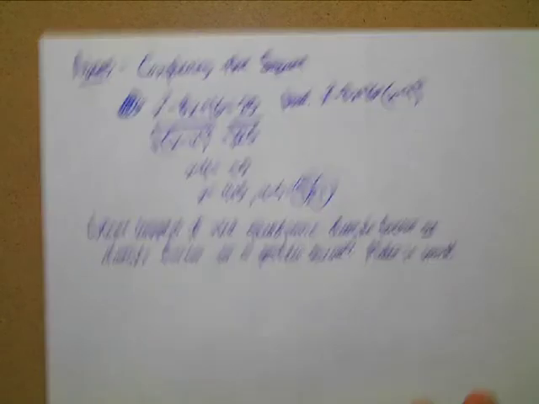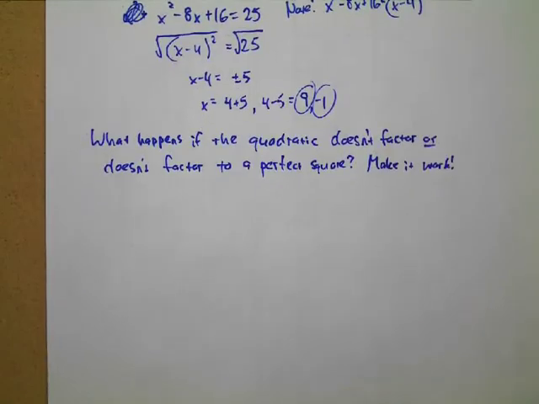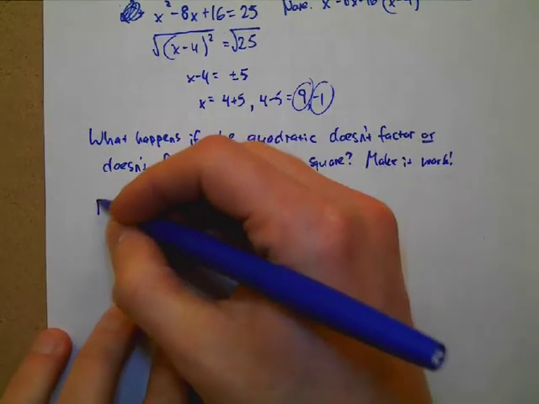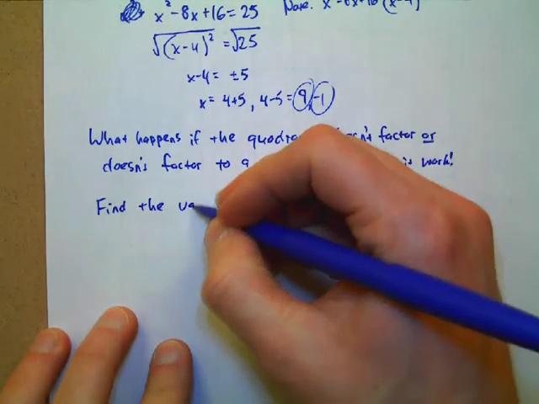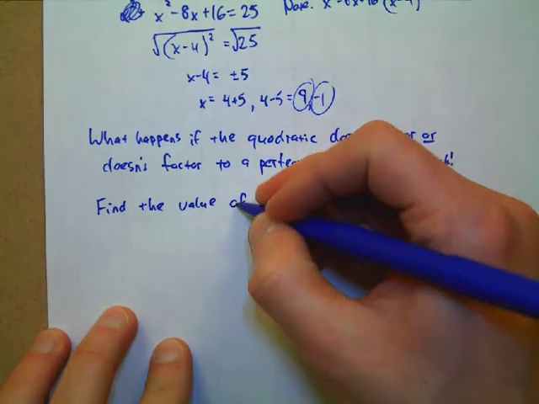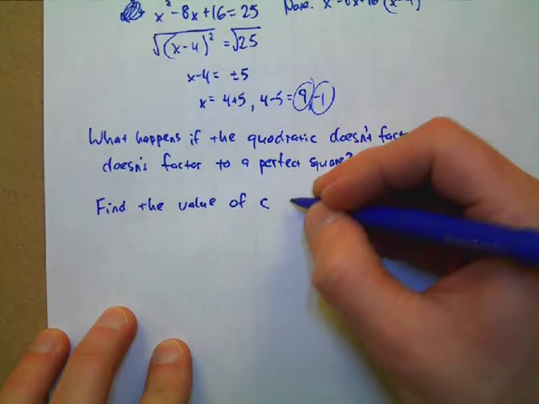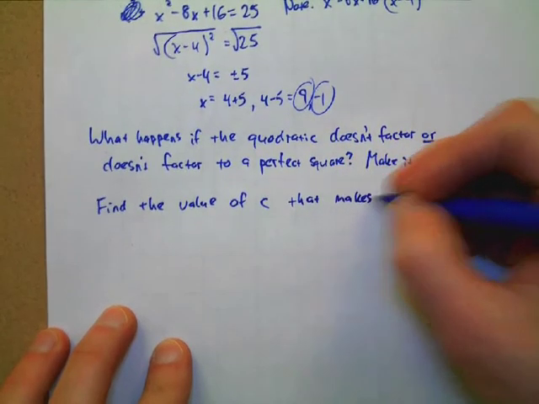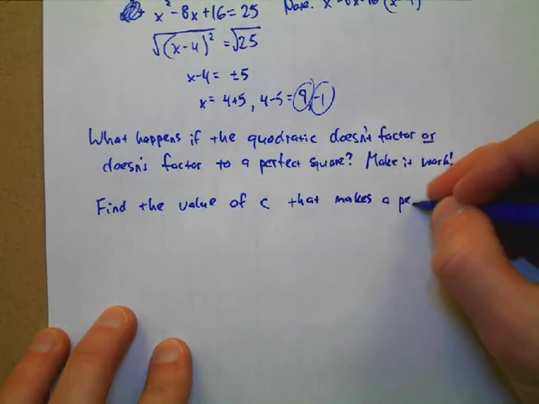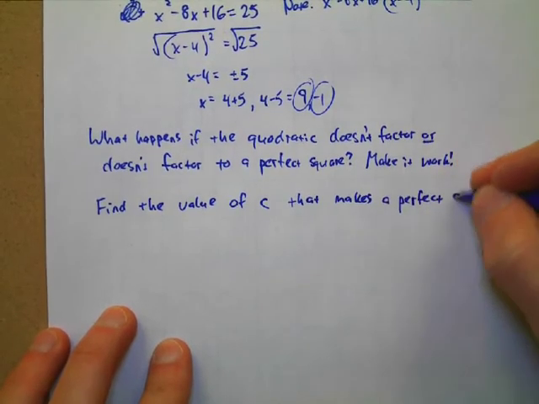And how are we going to do that? Well, I'll show you here. We'll start with a basic idea: find the value of c that makes a perfect square.